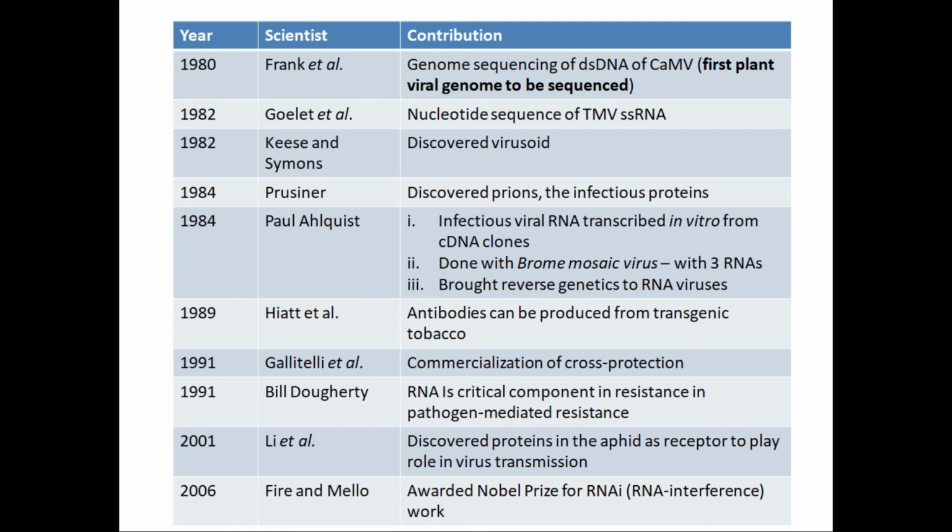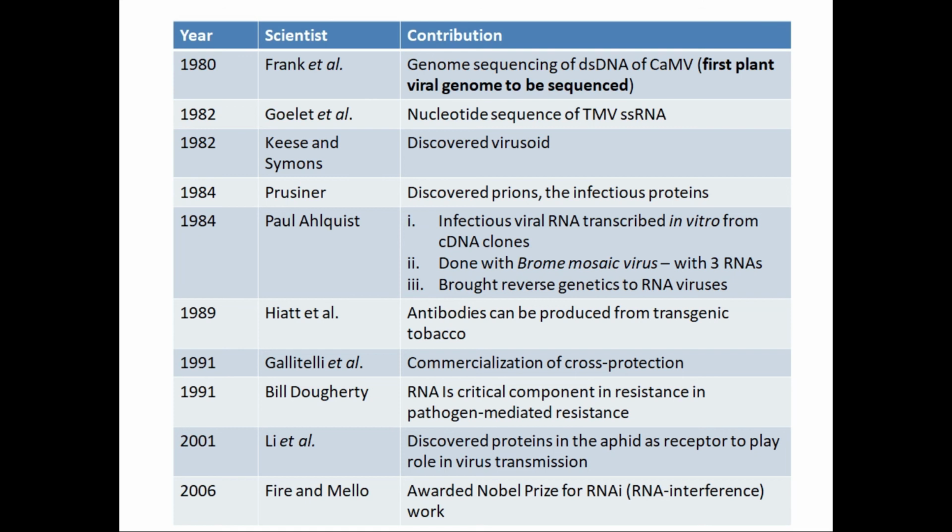Then one very important discovery was made by Paul. He first transcribed the infectious viral RNA in vitro from the cDNA clones. So basically RNA to DNA formation, and then again DNA to RNA formation. Forming DNA from RNA is reverse transcription.